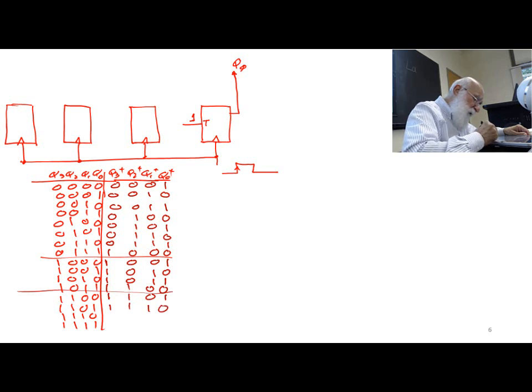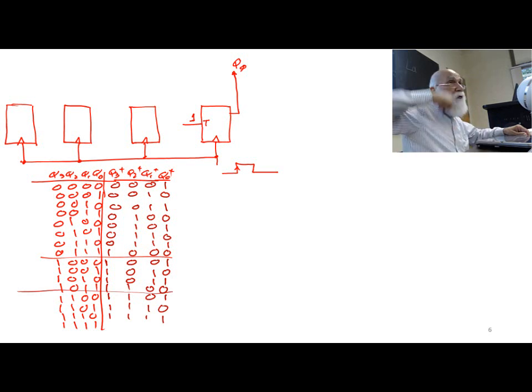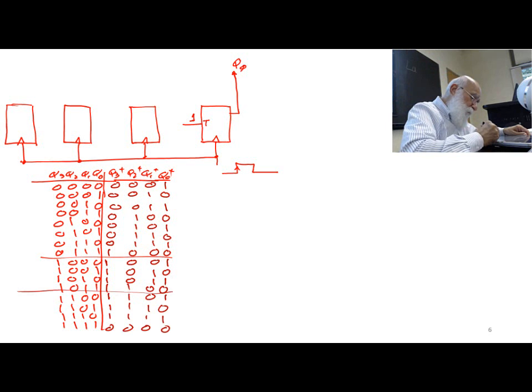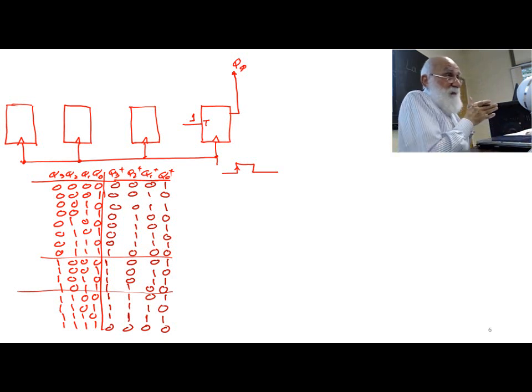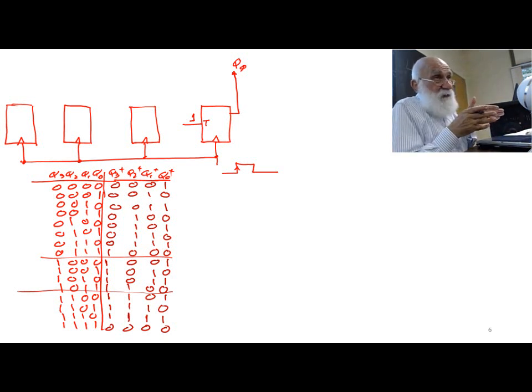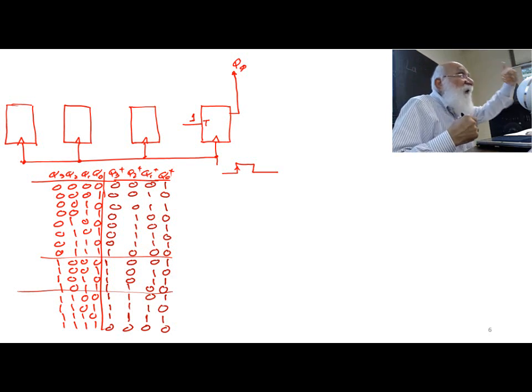13 next count is 14. 14 next count is 15, and 15 rolls over back to 0. Okay? Look. The first bit is easy, because you look at the list on the left and the list on the right.